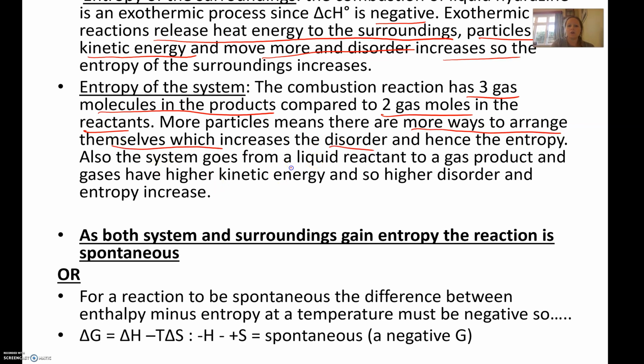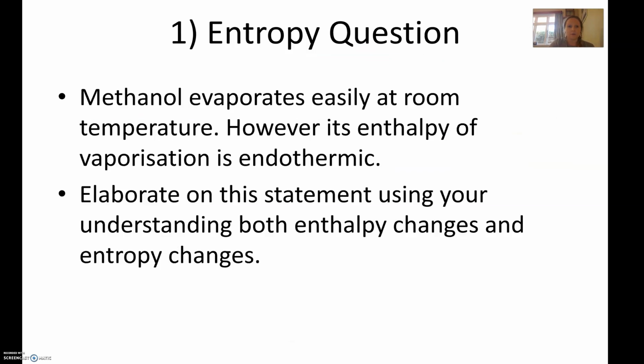The system also goes from a liquid reactant to a gas product. Gases have higher kinetic energy, higher disorder, so entropy increases. Hopefully that makes sense. As both the system and the surroundings gain entropy, the reaction is spontaneous, or you could alternatively use this equation here to show that G was negative. Any questions, please let me know on Teams.